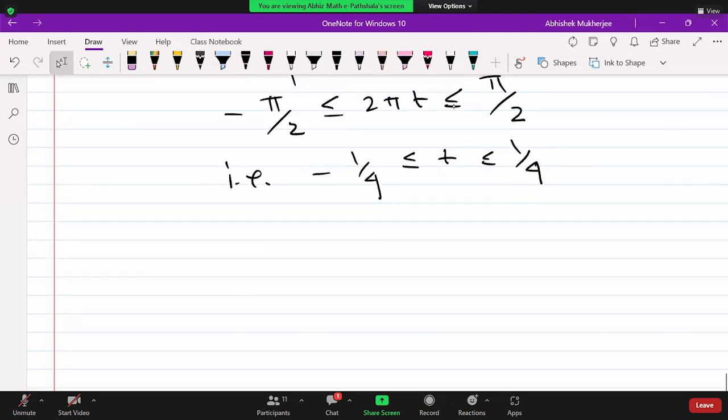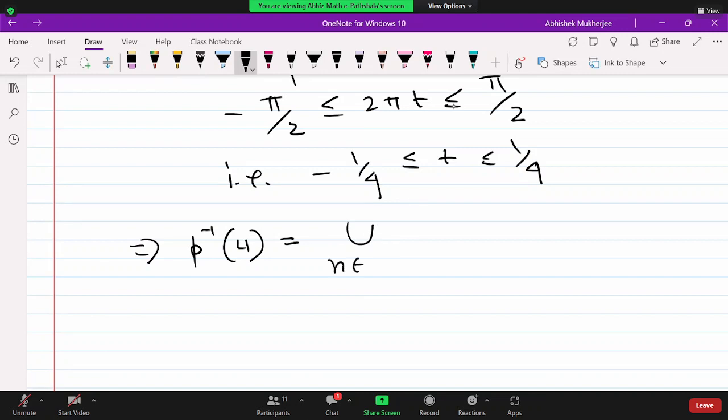So you can take, so this implies that P inverse U will be the union of n minus 1 by 4 to n plus 1 by 4, right?